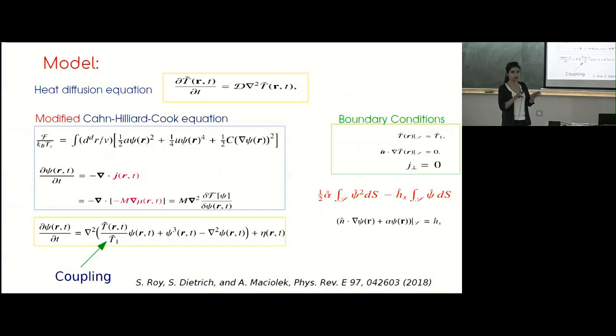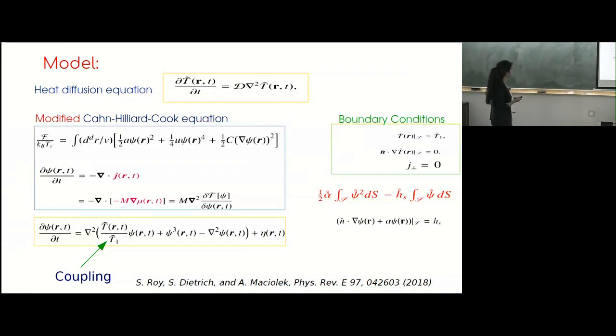Okay. So now, like I told you, if you look at the system, you have mainly two fields here: the temperature field and the concentration field. These two fields are coupled to each other and they are changing with time. To solve the temperature field, we just solve the normal heat diffusion equation.